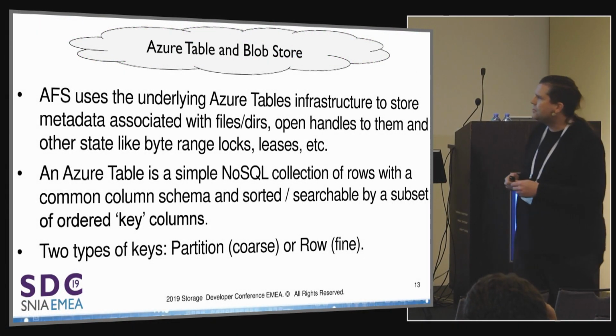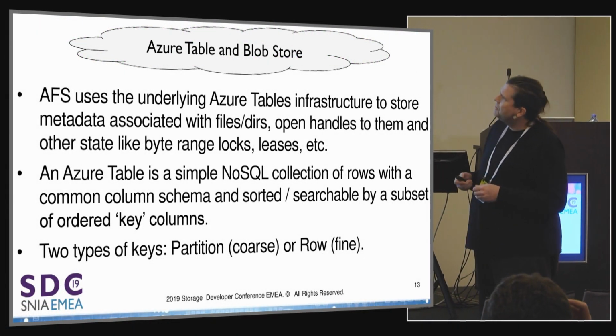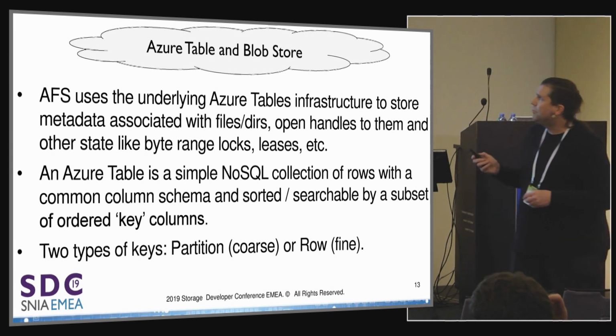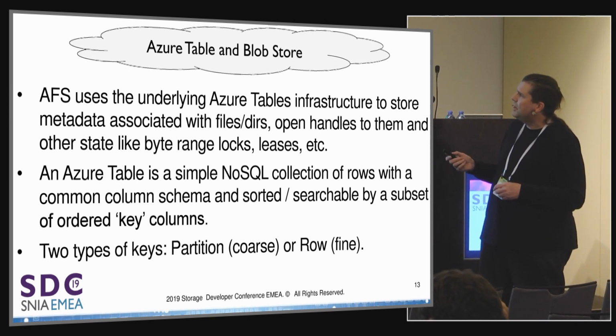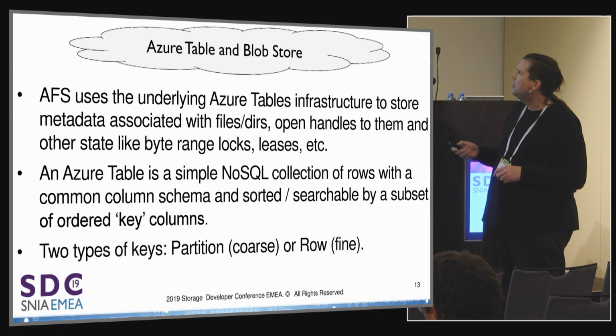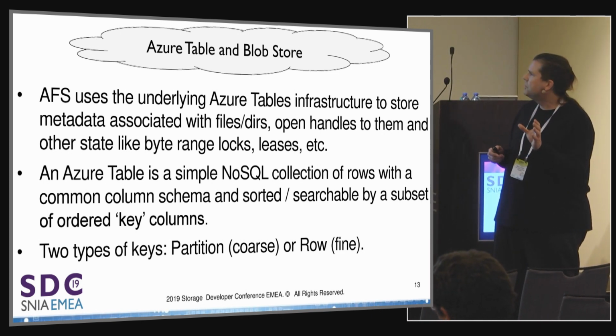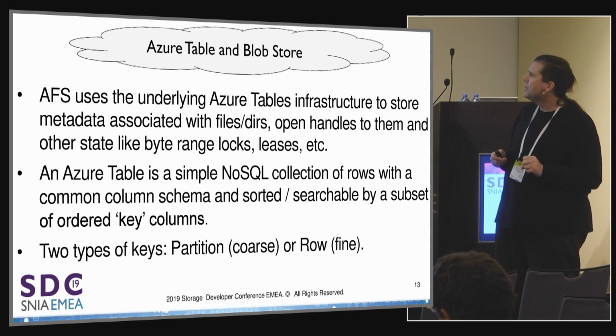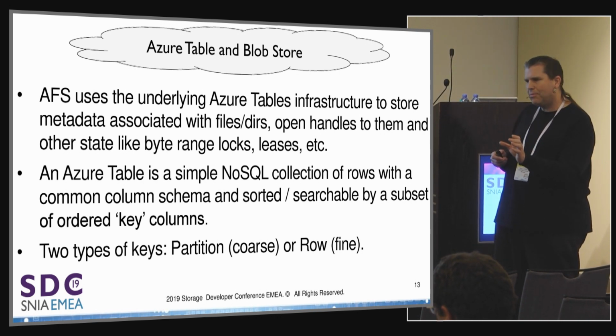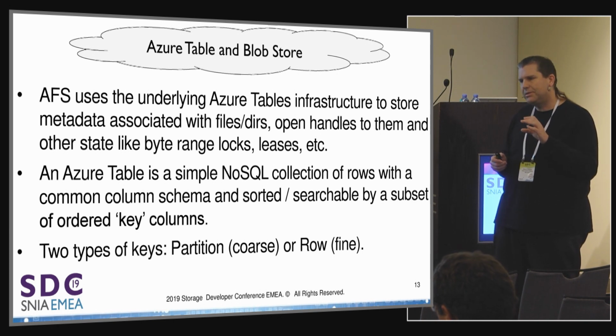And this goes into how we use Azure tables and blobs. Again, the blob is the data, and the table is an Azure Tables NoSQL table with a collection of rows and keys. The coarse granularity is the partition keys, which is how we delineate partitions in an Azure table, and the key distinguishing factor of our partition is that it's the level at which we can do atomic transactions.